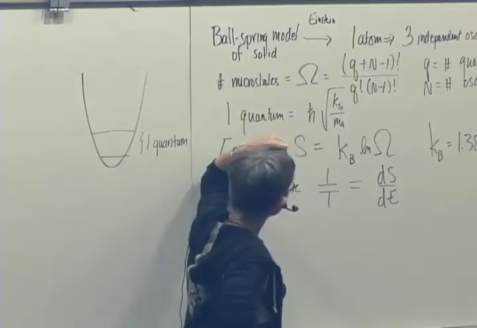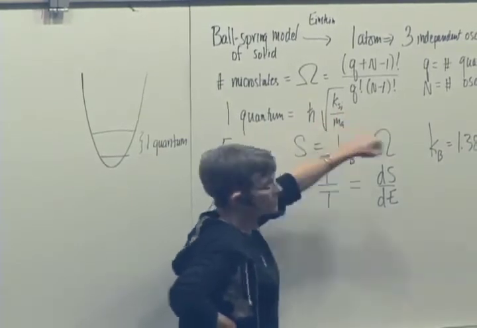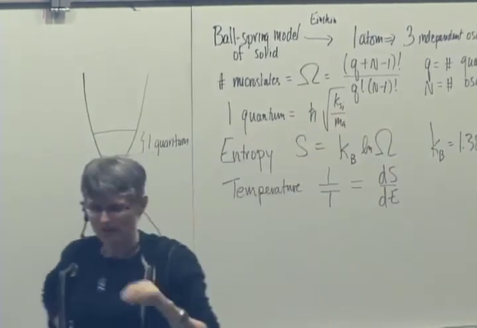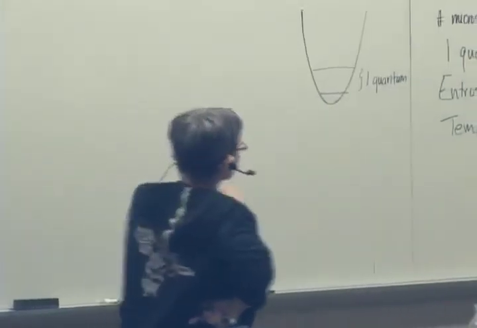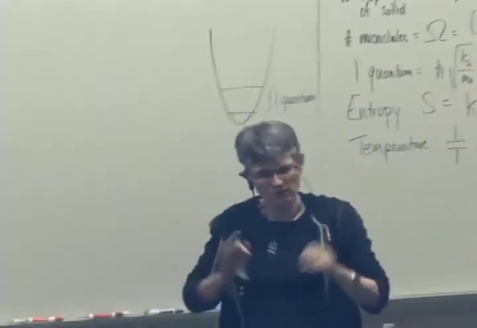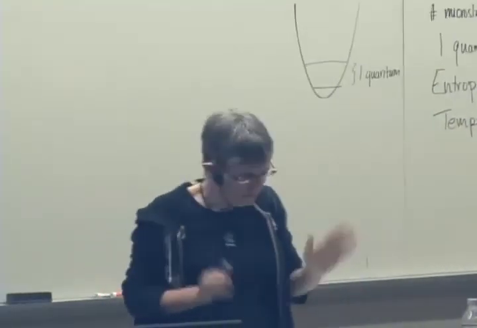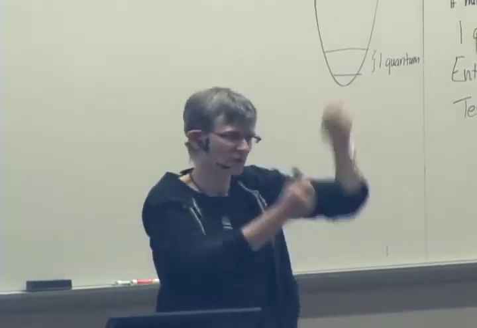That was h bar times the square root of the interatomic spring stiffness over the mass of an atom. And we refined it a little last time, saying that we really expected the effective spring stiffness to be a little bit different, 4 times as much as what we had derived from Young's modulus.